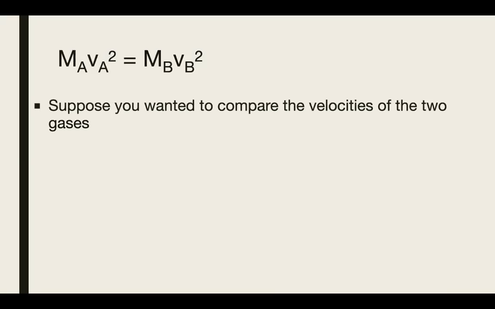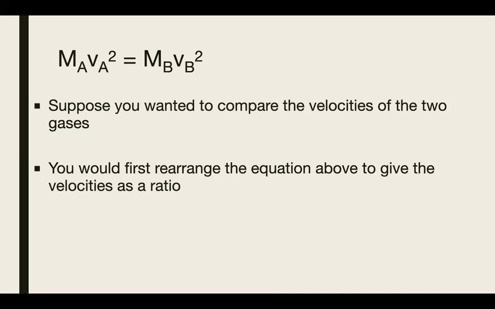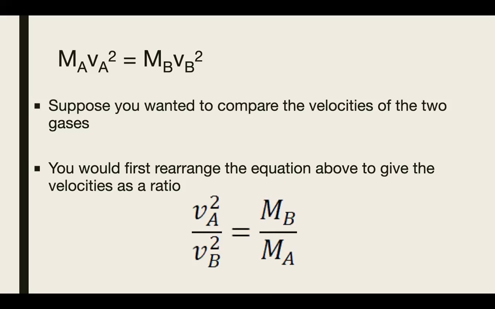Now we don't like that square, because if we want to compare the velocities of the two gases, we have to arrange the equation to give the velocities as a ratio. So if you want to compare how fast gas A moves compared to gas B, you rearrange the equation and get VA squared over VB squared equals MB over MA.